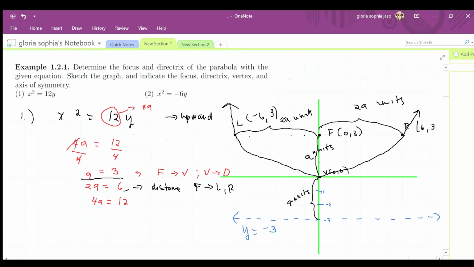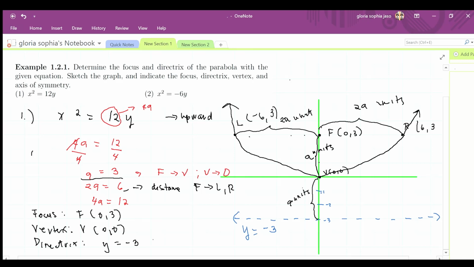Focus is here, that is 0, 3. So vertex is at 0, 0. Then the equation of the directrix is y equals negative 3.